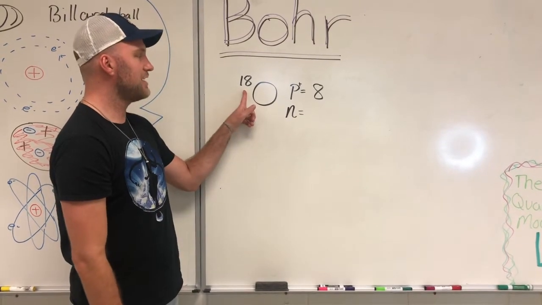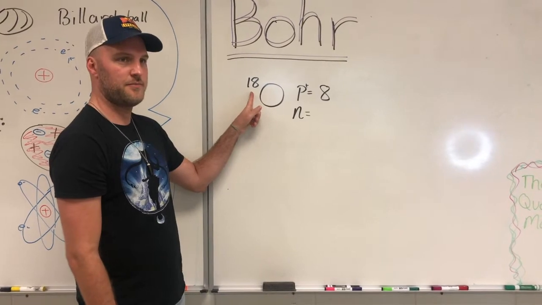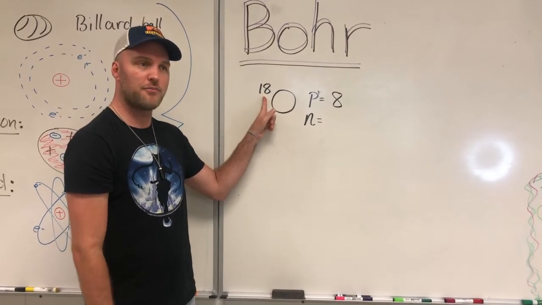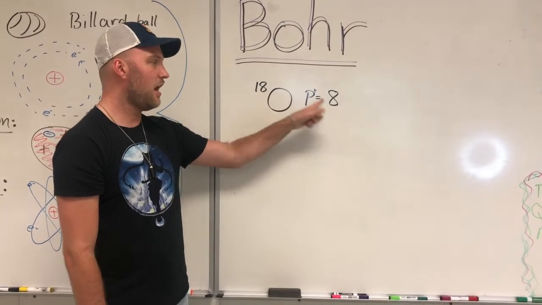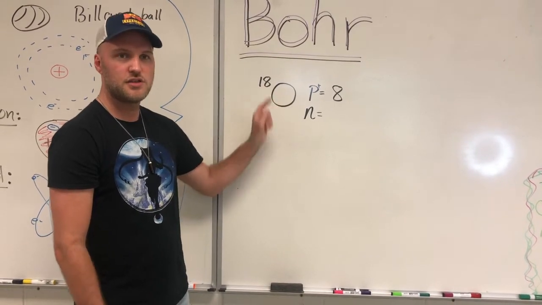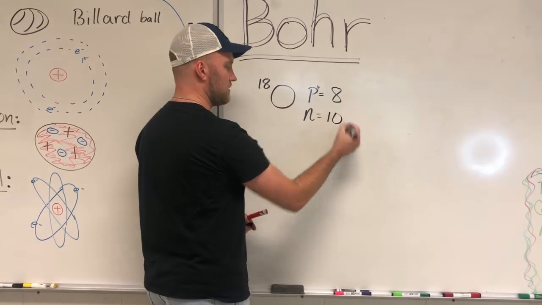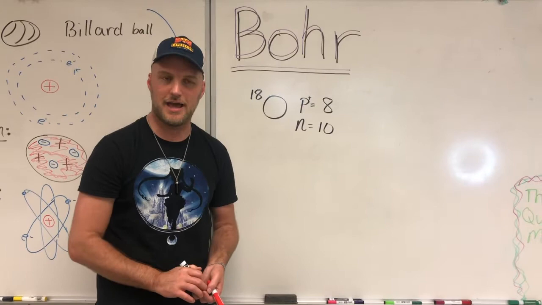If it's oxygen 18, how many neutrons does it have? Well, this number tells us that the total number of particles in the nucleus is 18. 8 of the 18 must be protons. So that means there are 10 neutrons, neutrally charged massive particles that reside in the core of the atom.